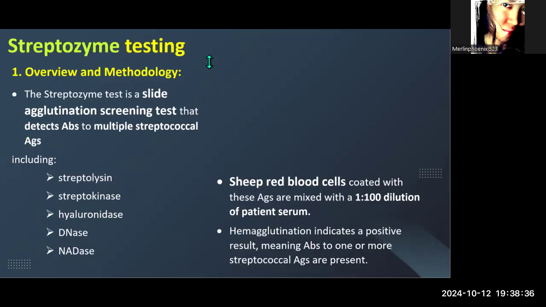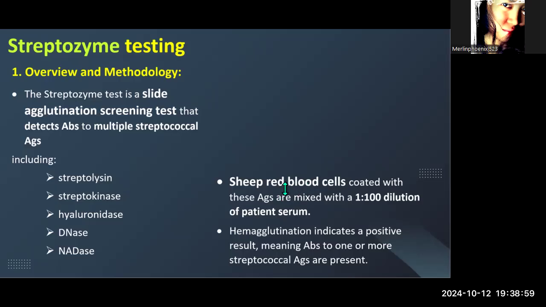And another form of testing we have is Streptozyme testing. The Streptozyme test is a slide agglutination screening method that detects antibodies to various streptococcal antigens, including streptolysin, streptokinase, hyaluronidase, DNase, and NADase.